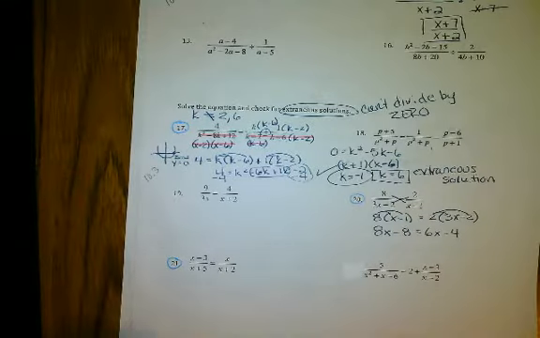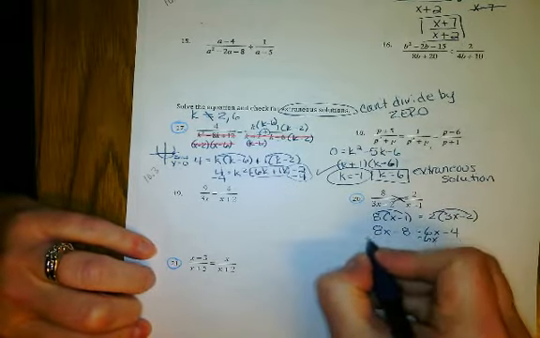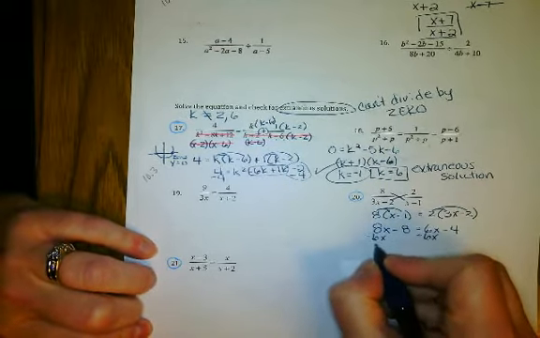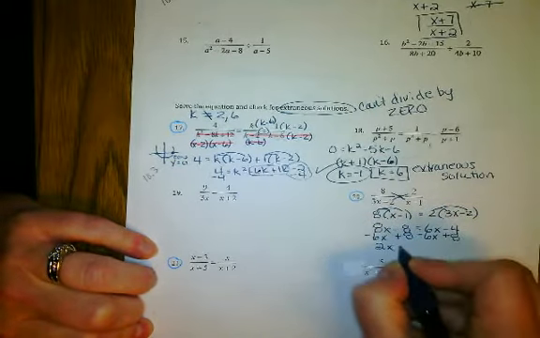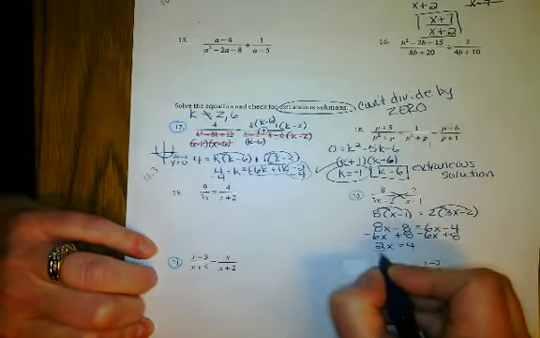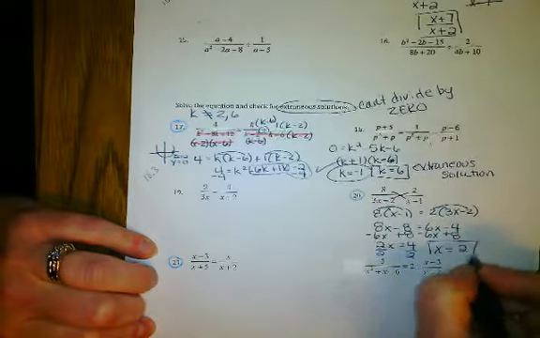Now, I just want to get my variables to one side and my constants to the other. So I'm going to subtract this over here. That gives me 2x. And then I'm going to add this over here. And that gives me equals 4. So then I'm going to divide by 2, x just equals 2.